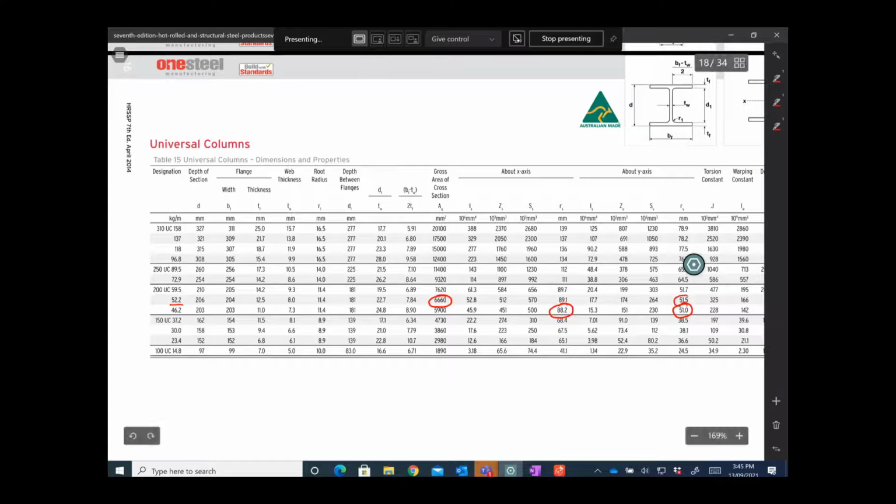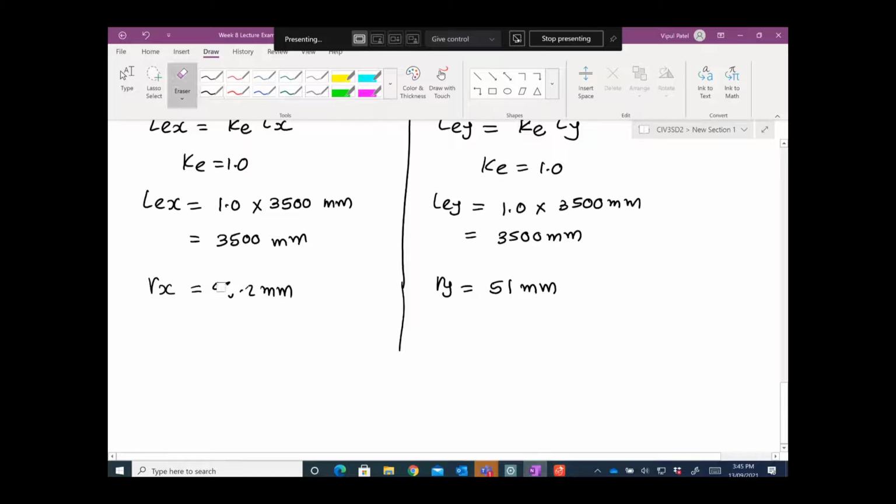Oh, by the way, this was 51.5 and 89.1. Sorry, I looked at the wrong one. It is 89.1 millimeters and 51.5 millimeters.